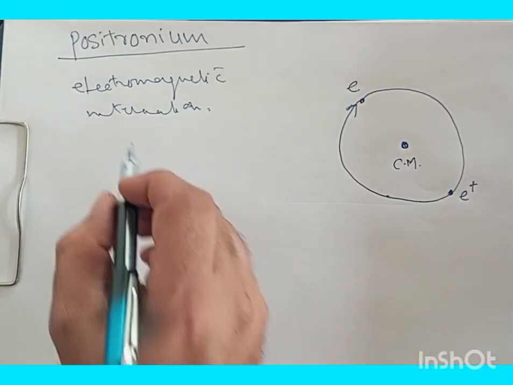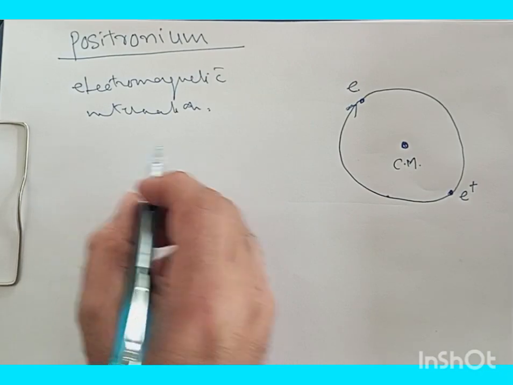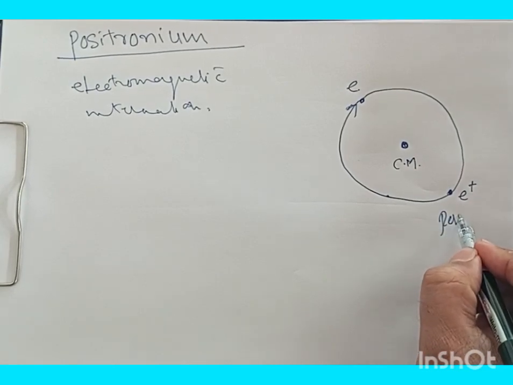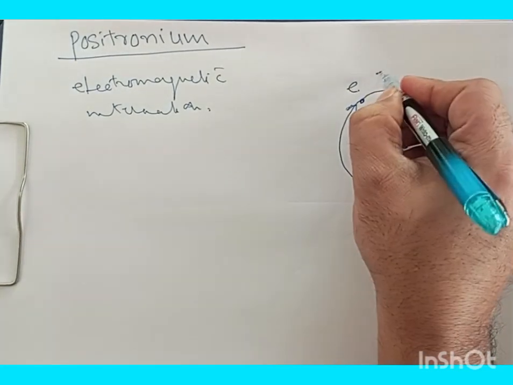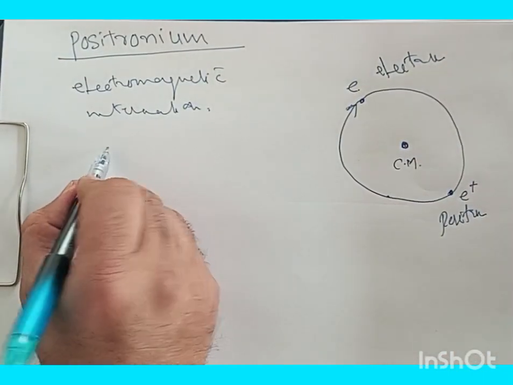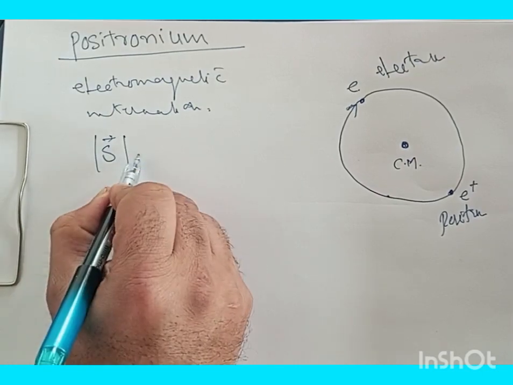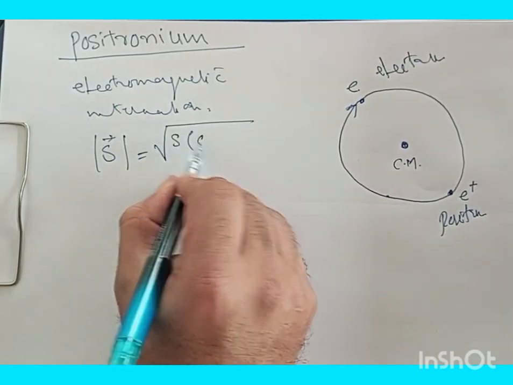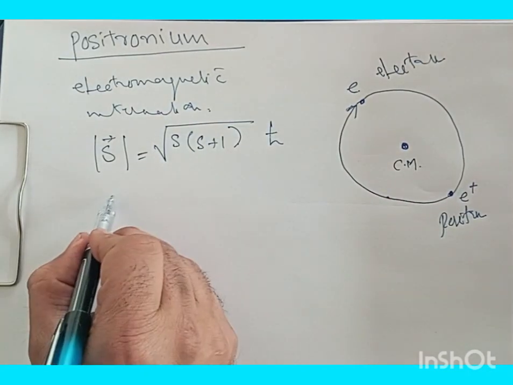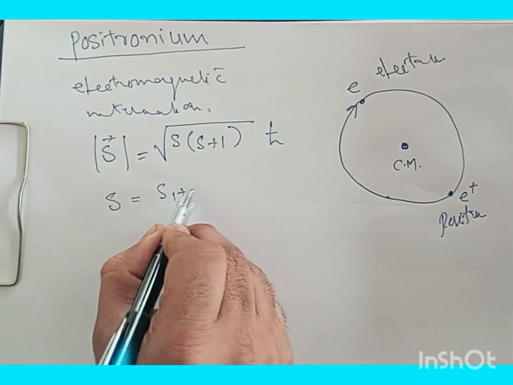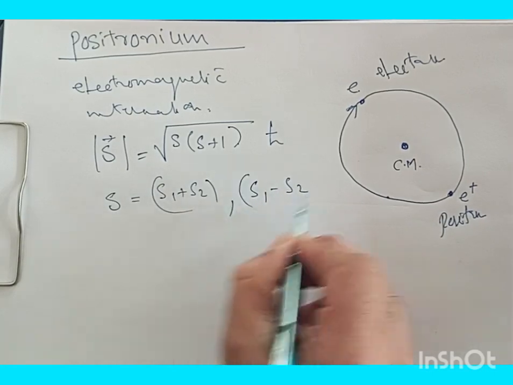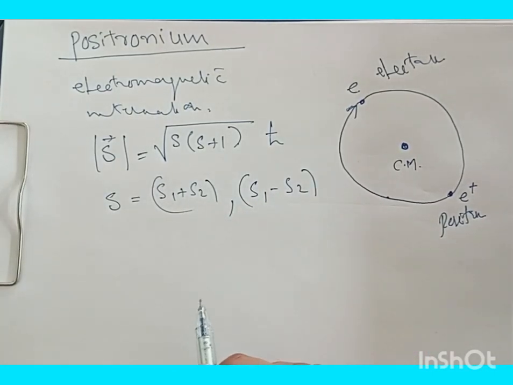The magnitude of the total spin angular momentum of a system of two particles, positron and electron, is S, which is the square root of S times S plus 1, times h bar. And this S can be S1 plus S2, or S1 minus S2, depending on the orientation of the spins.